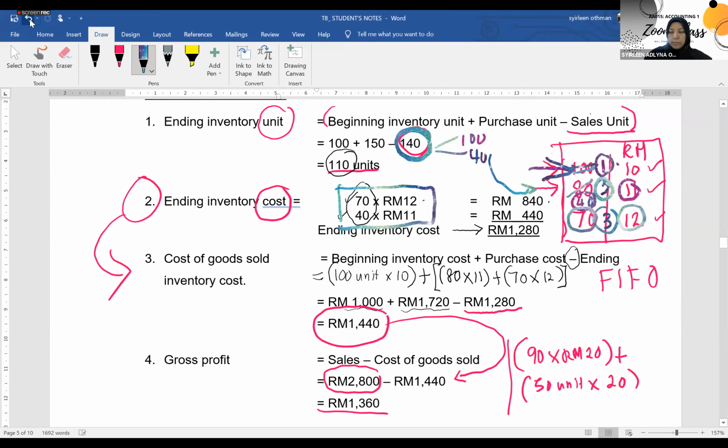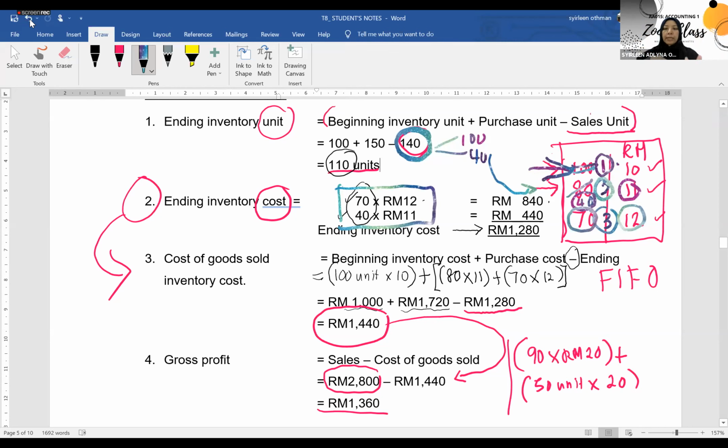Okay, sebab first in first out dia dah keluar. So yang tinggal ialah stok baru. So stok baru tu akan jadi ending inventory saya lah. Okay, sebab first in first out, that means the one that I sold is the earliest batch of inventory. So the one that remains in the store will be my latest inventory. So that will be my ending inventory for the month of April.